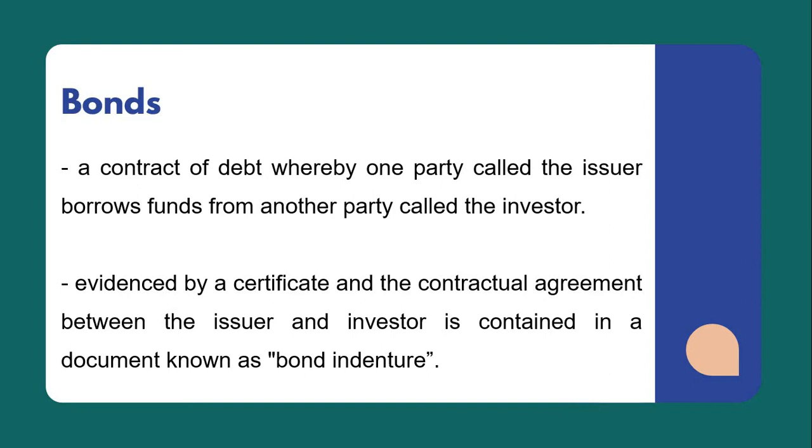Evidenced by a certificate, and a contractual agreement between the issuer and investor is contained in a document known as Bond Indenture. So the document to support the transaction between the investor and the issuing entity is what is so called as the Bond Indenture.